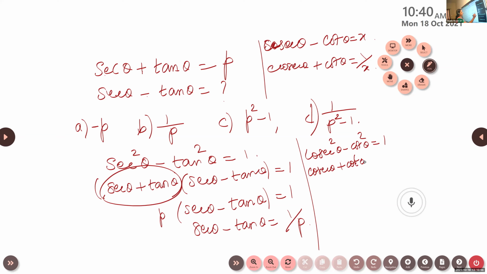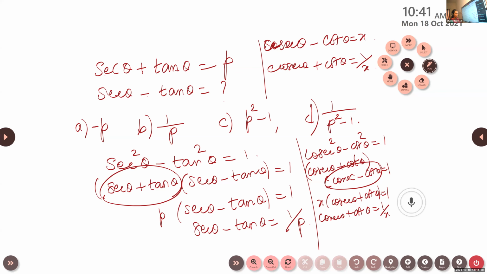So cosec theta plus cot theta into cosec theta minus cot theta is equal to 1. Now cosec theta minus cot theta is x. So x into cosec theta plus cot theta is 1. Therefore, cosec theta plus cot theta is 1 by x.